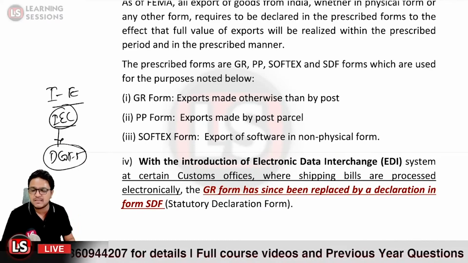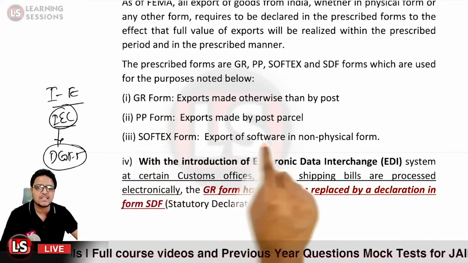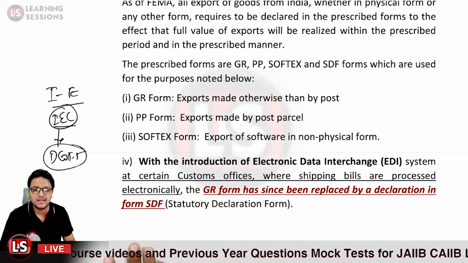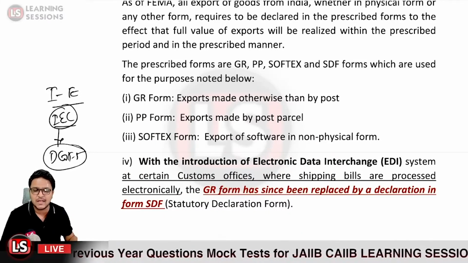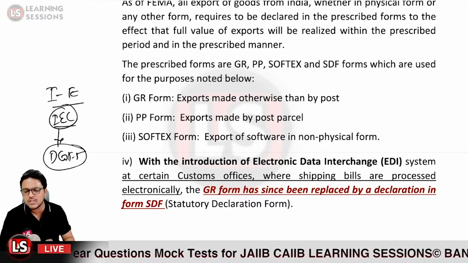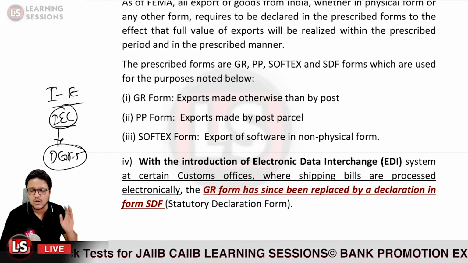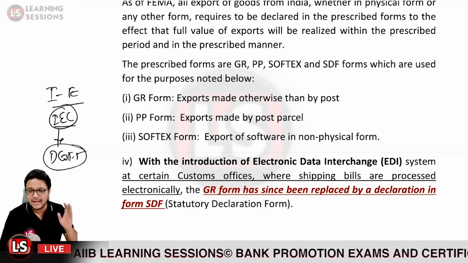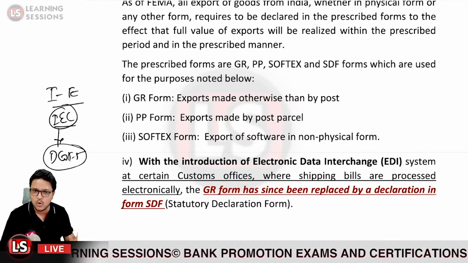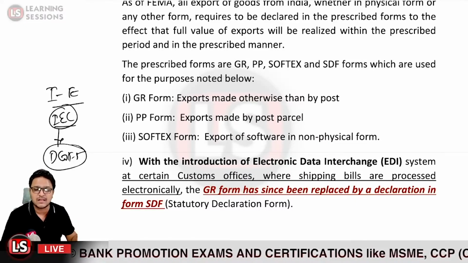In those cases, the GR form is now replaced by the SDF, that is the statutory declaration form. That is why the GR forms are now replaced with the SDF.